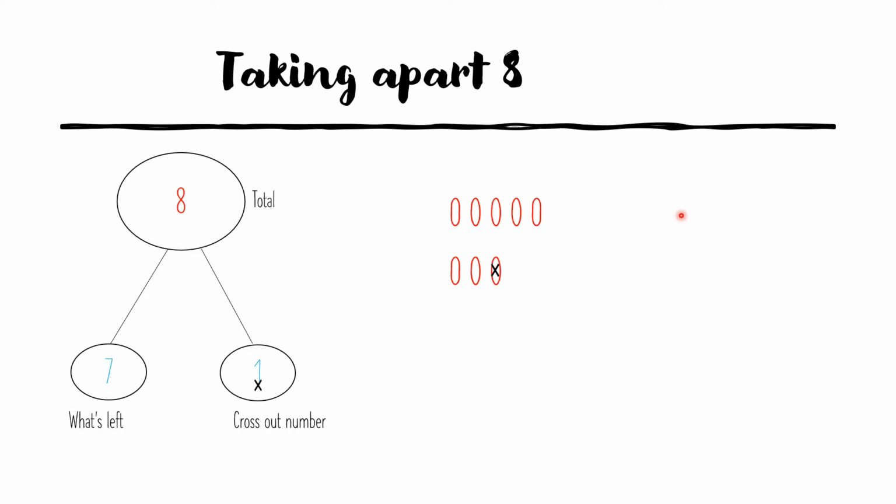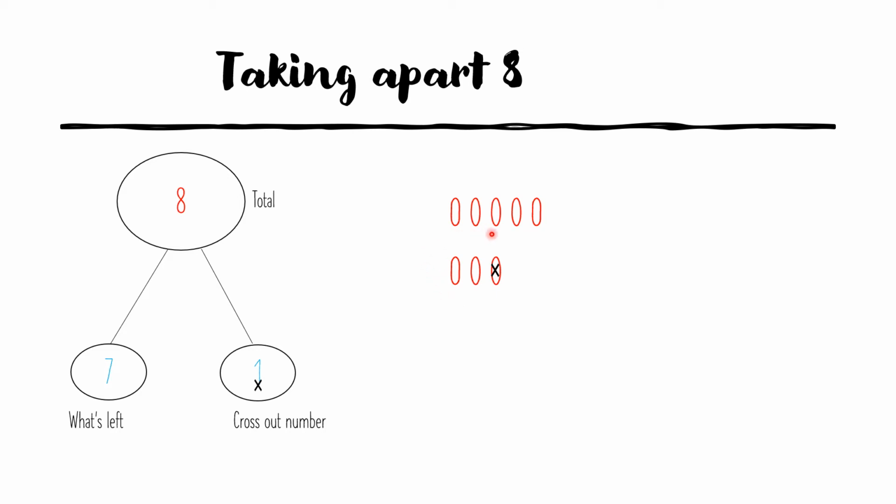Kindergarten. There's a lot of information in this drawing that we can use to complete our number bond. Take a look at how many circles there are all together. We know that there are how many circles altogether, kindergarten?